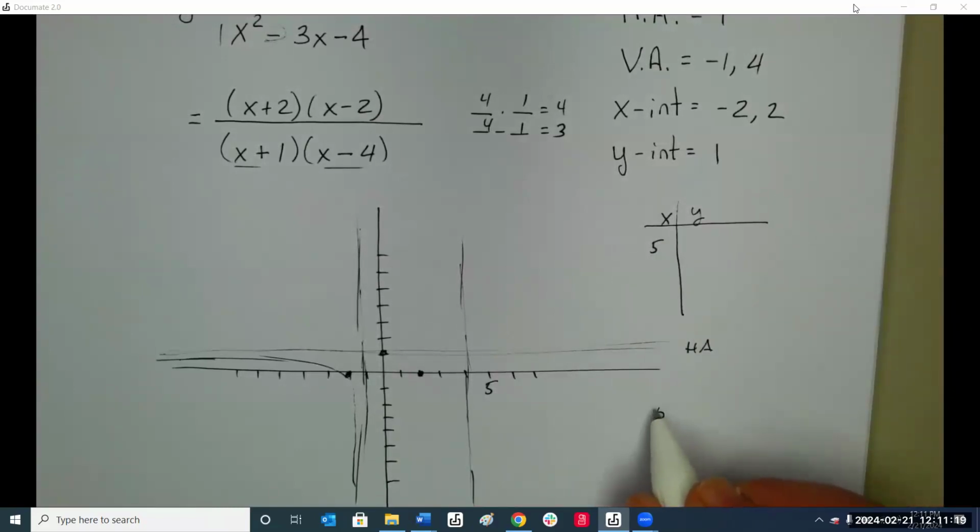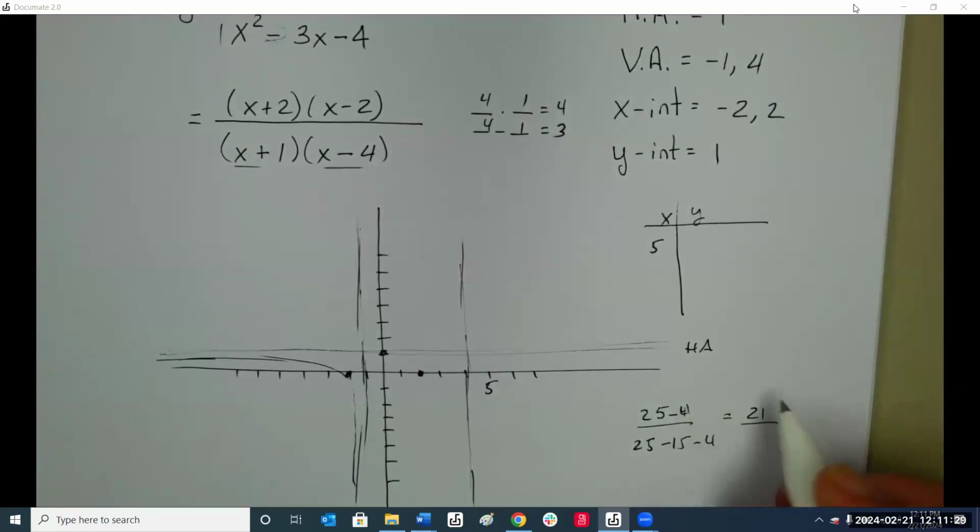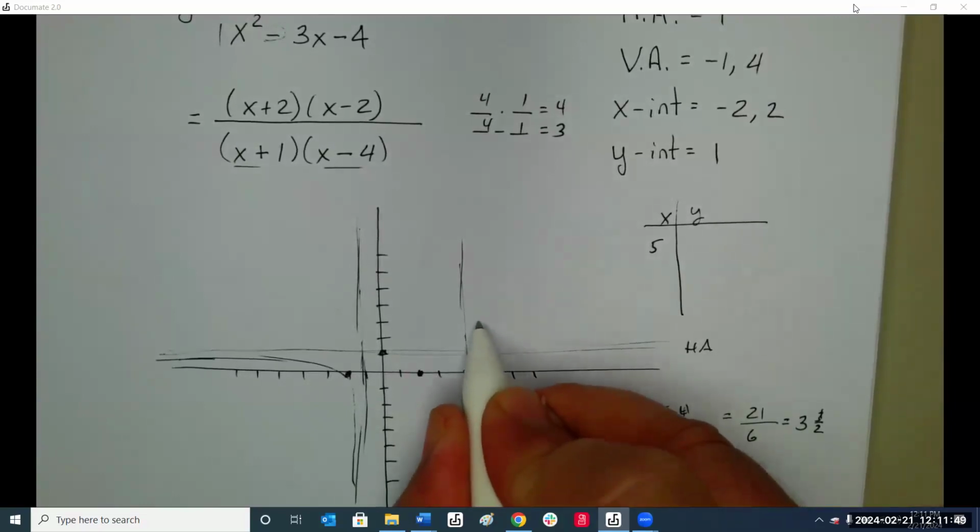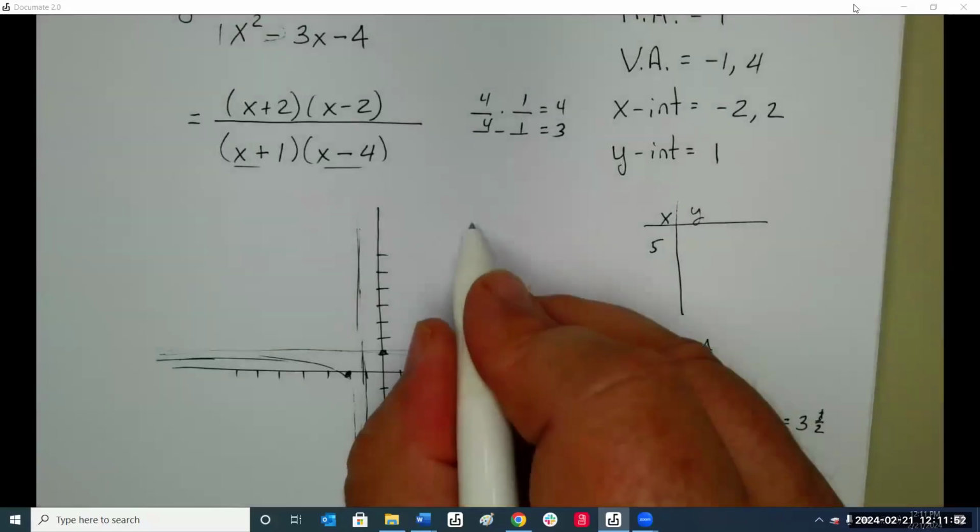We get 25 minus 4, 25 minus 15 minus 4, 21. 10 minus 4 is 6. 3 and 3, 3.5. So this half looks like this.